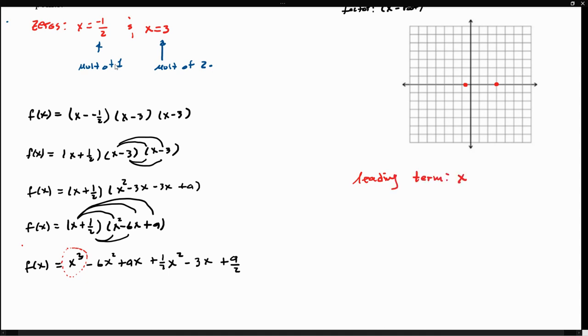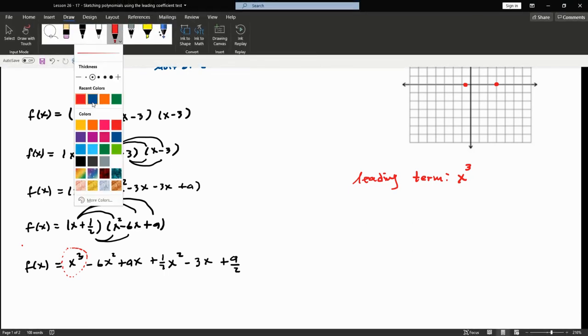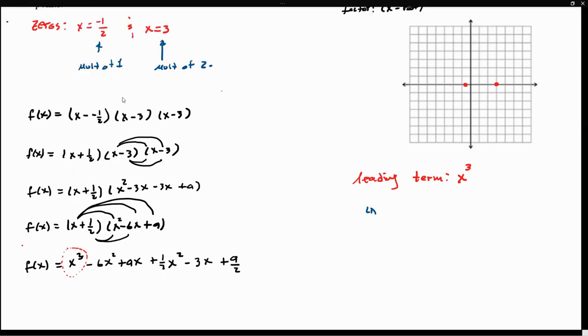So the leading term is x cubed. Now notice that in the x cubed, the exponent, which in this case is 3, is odd. So therefore, my end behaviors are going to go in different directions. Now, what's the direction that they go?